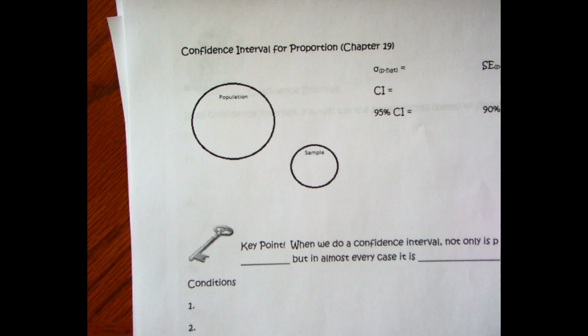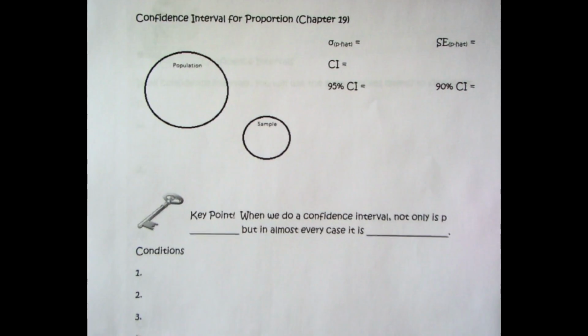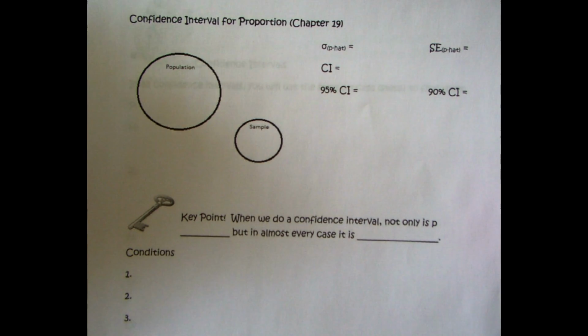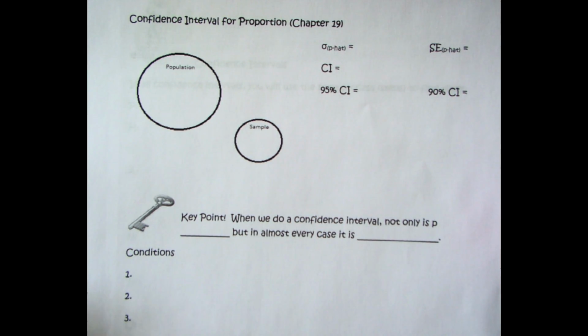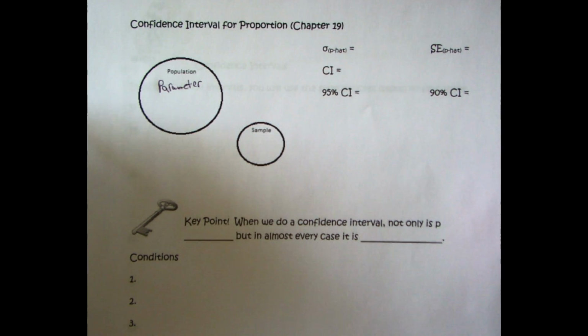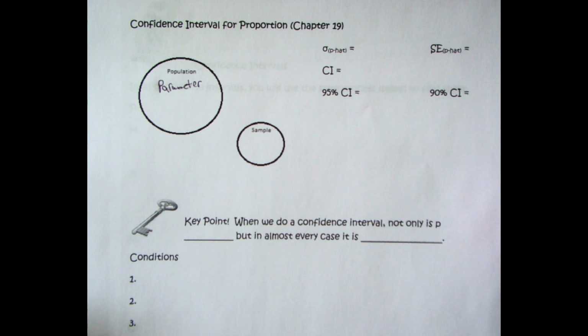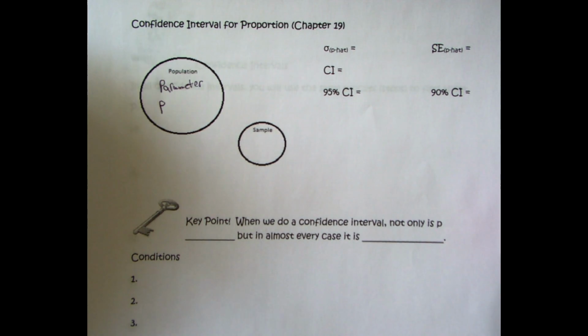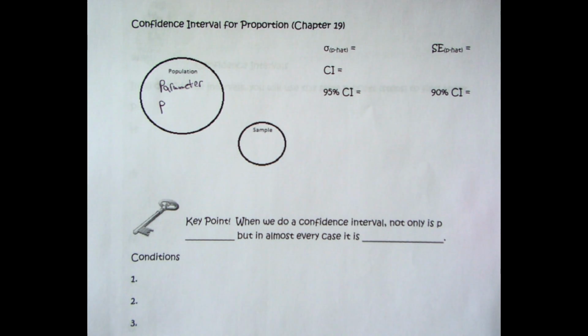Alright, so let's look at inference for proportions. In our population we have what we call parameters. In general those parameters are going to be P for proportion, so that's, for example, the proportion of people that are Democrats.